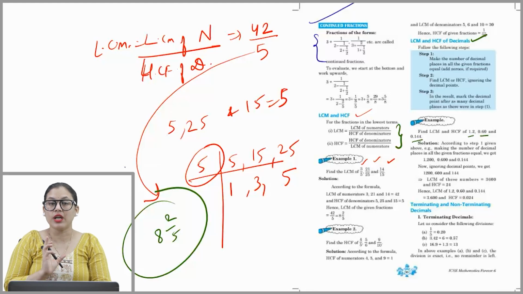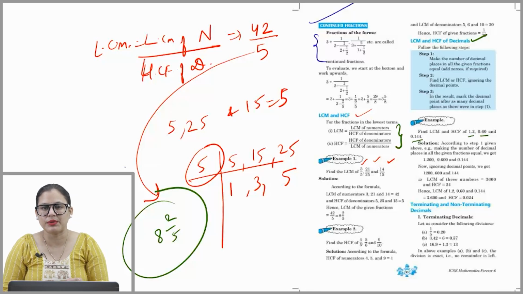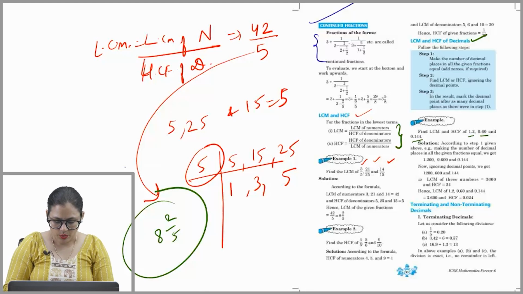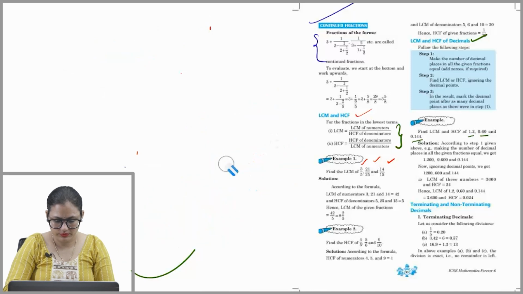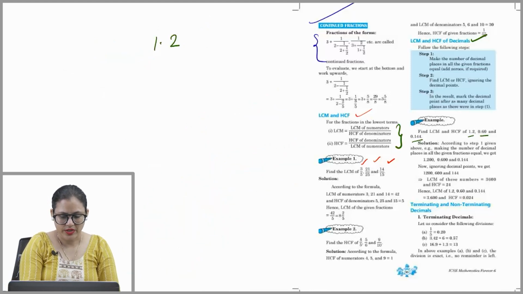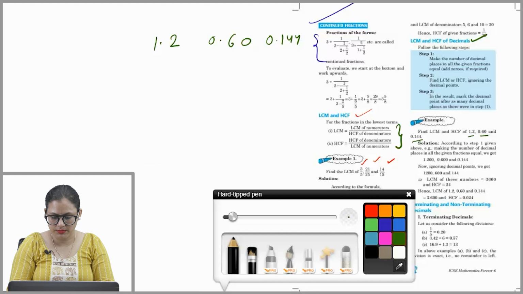So solution according to step 1 given above, making the number of decimal places in all the fractions equal. What will we get? We have 1.2, 0.60 and 0.144. Okay, so we have to make them equal.